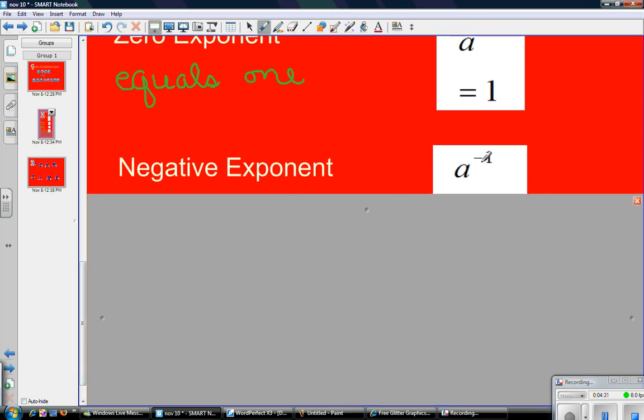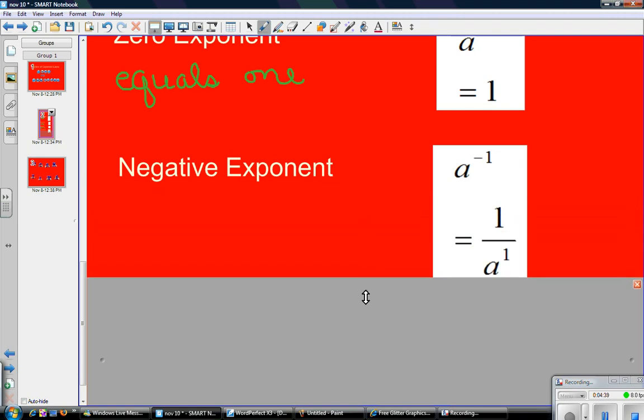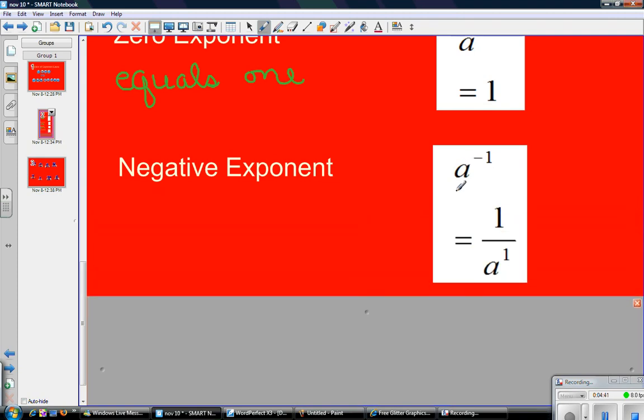Well, we don't like negative exponents, so we want to get rid of it. So when we have a negative exponent, it flips our base. It reciprocates it. So in this case, my base is a, so if I reciprocate it, it'd be 1 over a. And notice what happened to the exponent. It became positive 1. So that's how that works.